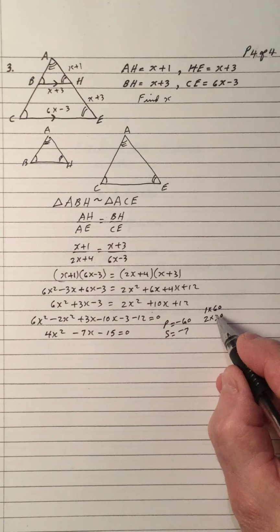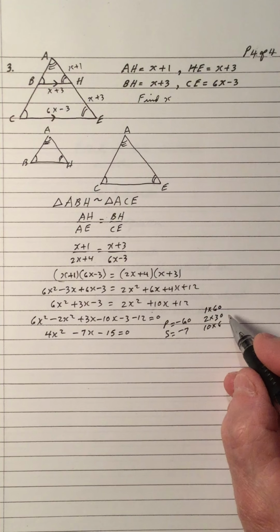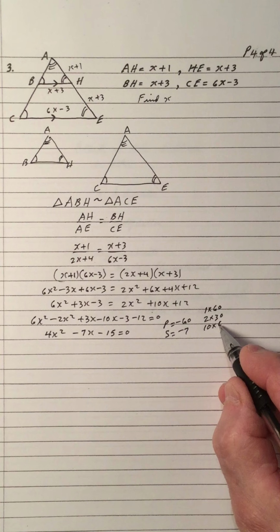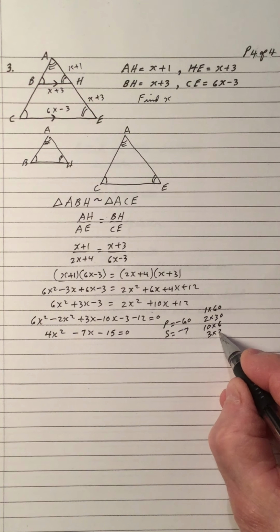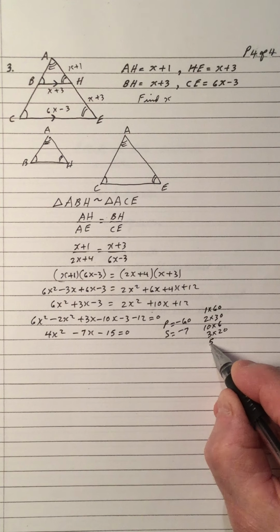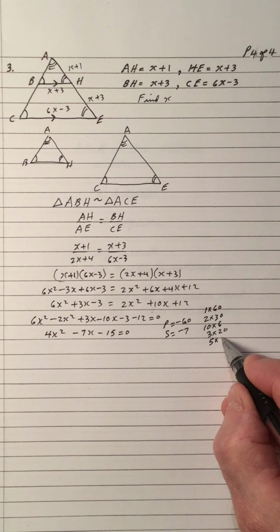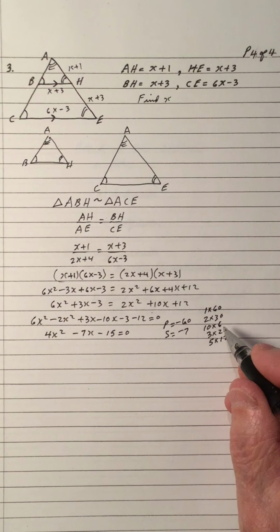Notice that 30 has a 10, so it's 10 times 6. And notice that I see a 6. A 6 has a 3, so it's 3 times 20, which gives me 60. And I see a 5 times 12. Remember now, I'm looking for the factors that will give me a 7.